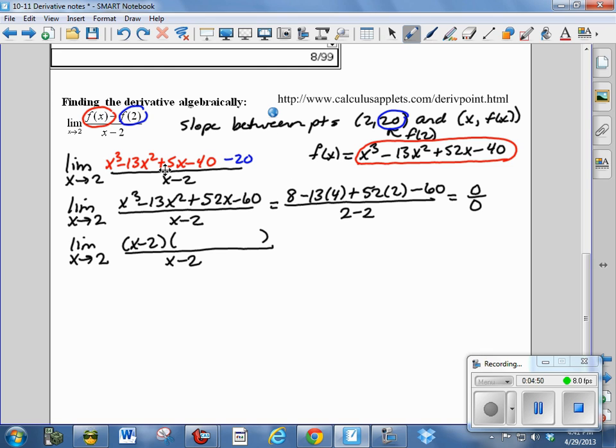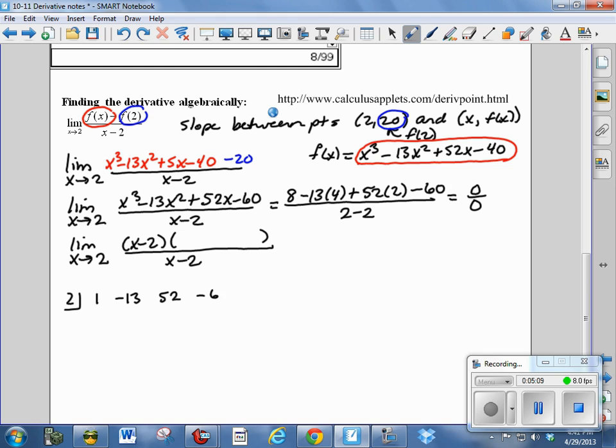In order to figure out what that missing factor is, I'm going to do some synthetic division. So putting 2 in here, I have 1, negative 13, 52, and negative 60.